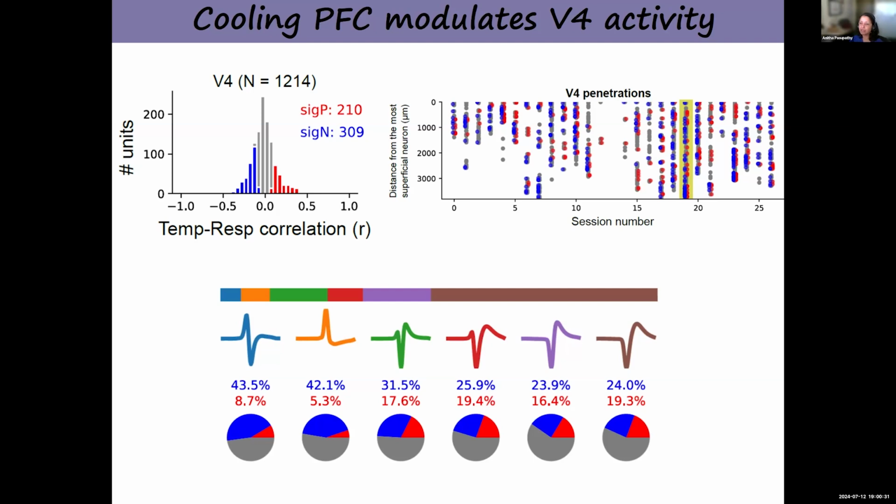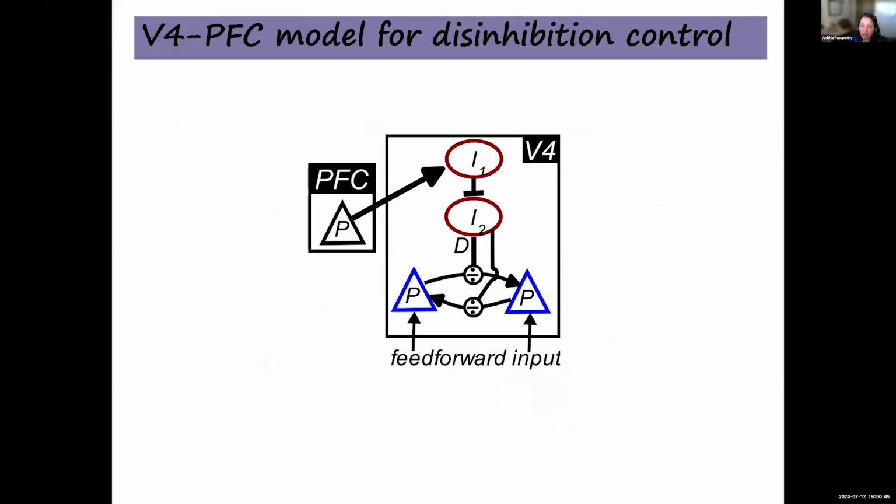So then this blows our hypothesis a little bit because we were imagining that it was an excitatory feedback from prefrontal cortex that's modulating V4 activity. But now we're thinking about disinhibition control as a possible alternative model where prefrontal cortex input actually modulates whether V4 is more in a recurrent mode or a feed forward mode.